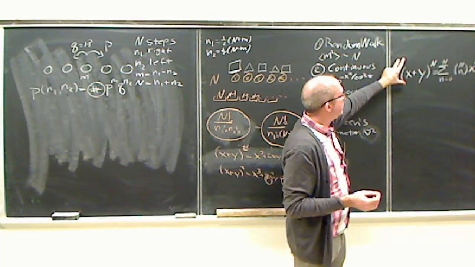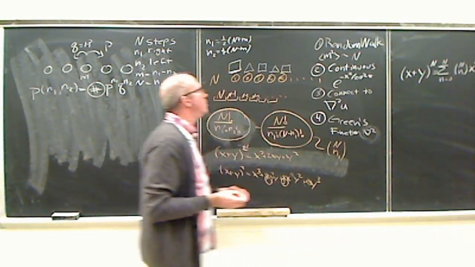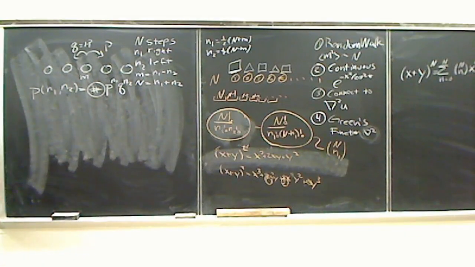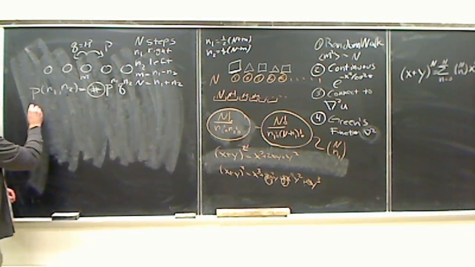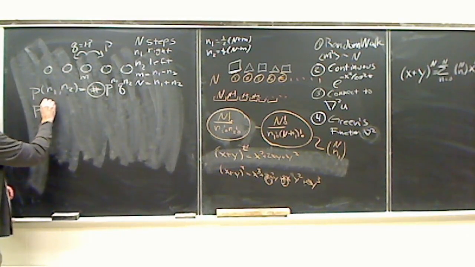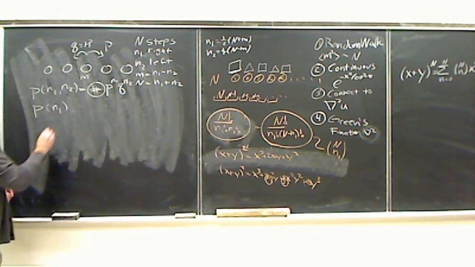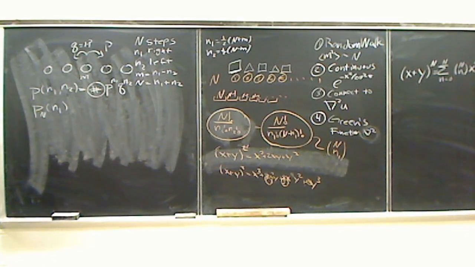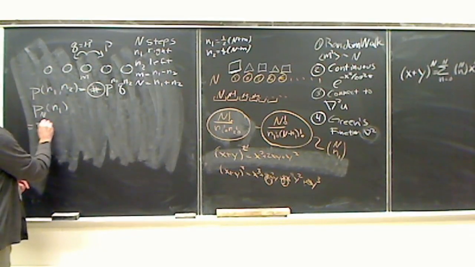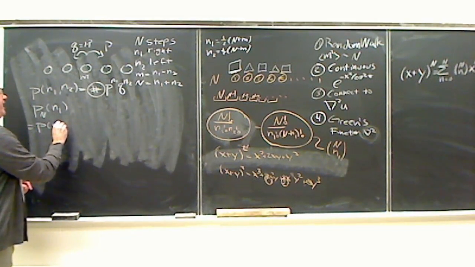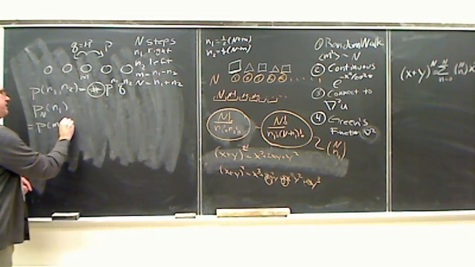So this will become useful in a second. So, okay, let's back up for a second. So now, the probability of going n1 steps to the right, given that I've taken n total steps, is equal to the probability that I'm at a location m, given n steps.